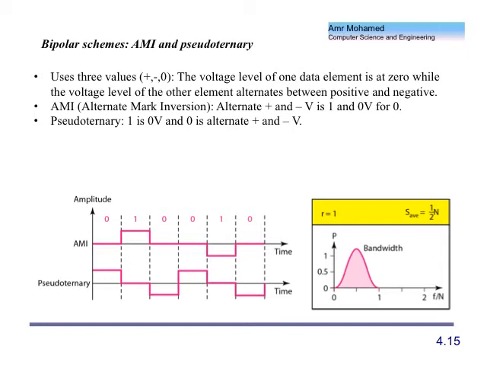So the first one here is positive, and then the next one is negative, and then the next one will be positive, and so on. So 0 is constant, while 1 is always toggling from positive to negative.